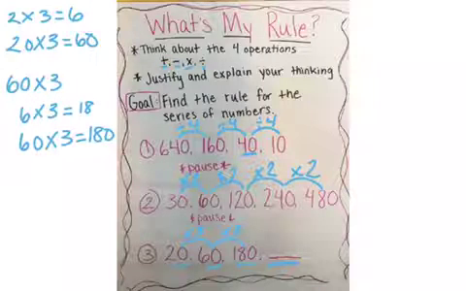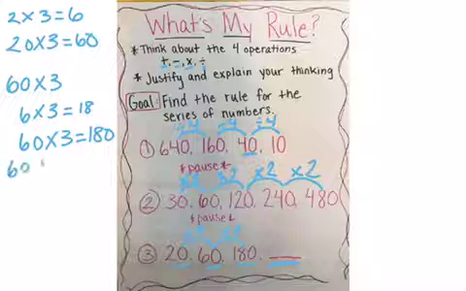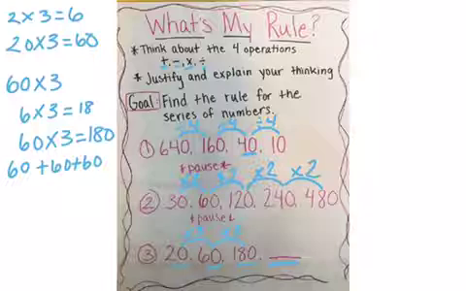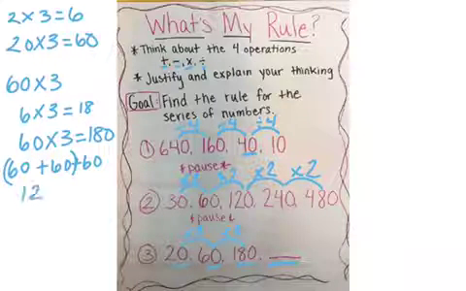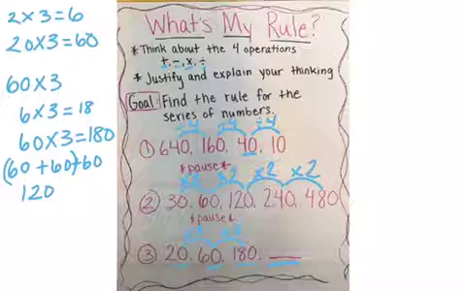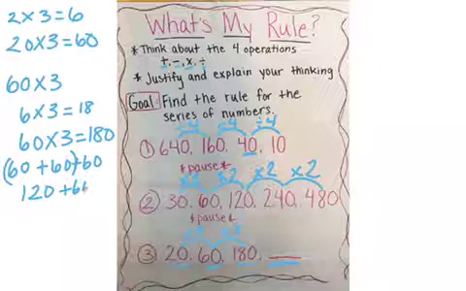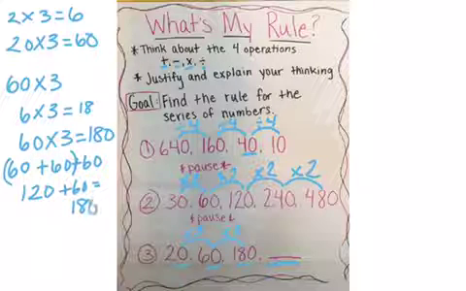And I could prove that by taking 60 and adding it 3 times. So if I have 60 and 60, I know that's 120. And then add another 60, and I would get 180.